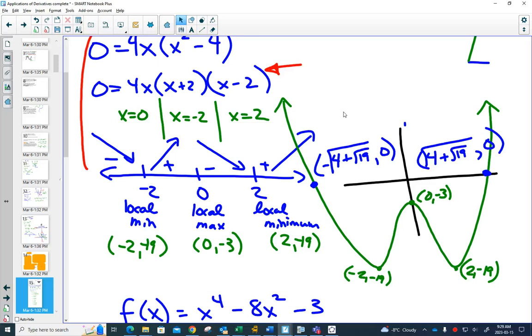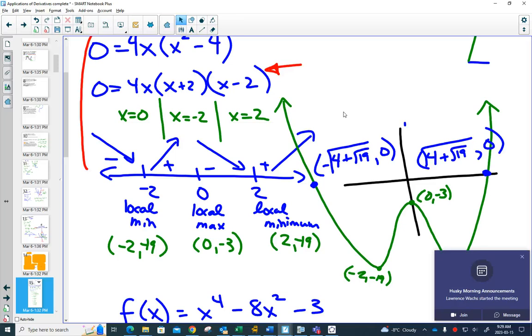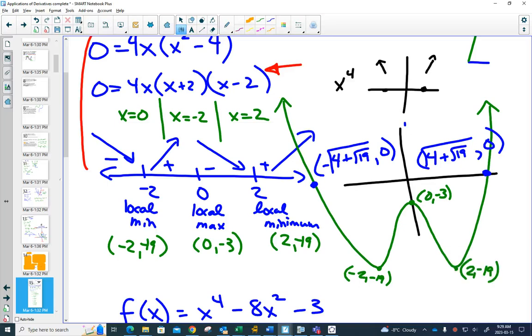What did you learn from grade 12 pre-calculus? In grade 12 pre-calculus, you would have only learned that for an x to the 4 graph, its end behavior acted like this. And then you would have hoped to find x-intercepts to work with it. Unfortunately, this is not one that you could find x-intercepts. So in grade 12 pre-calculus, we would have been unable to graph this. And you never were able to find the maxes and mins.